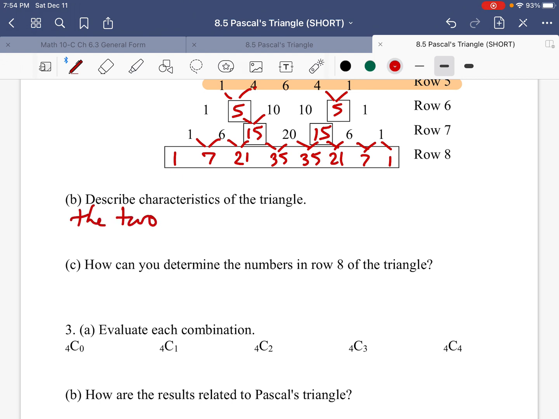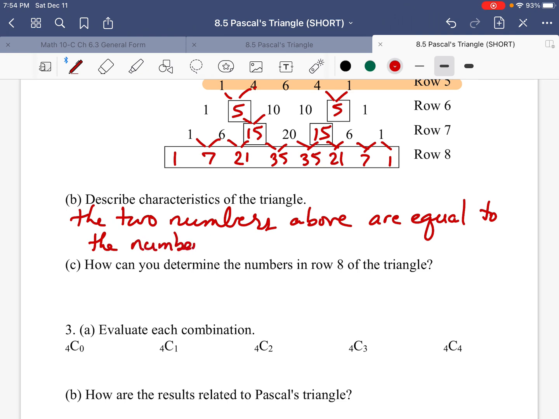Now, I want you to describe characteristics of this triangle. Well, the two numbers above are equal to the number below. Okay.